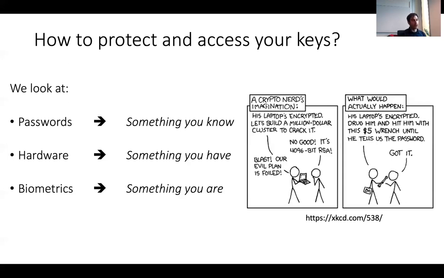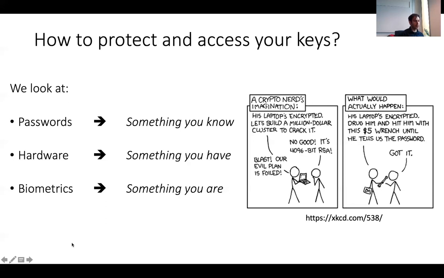But attacks on cryptography in the wild are nowhere near the attacks that you see in the real world against things like passwords, hardware, biometrics. So these things are definitely the weakest link in the cryptography chain.